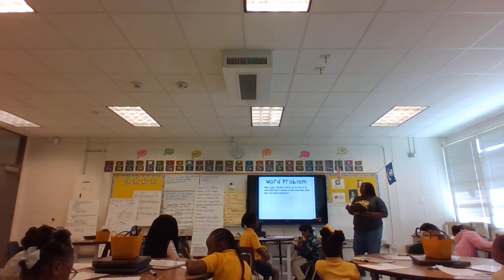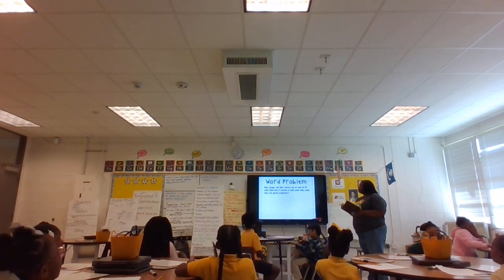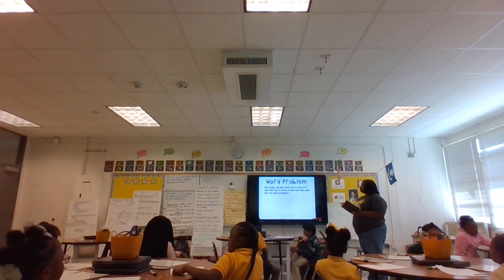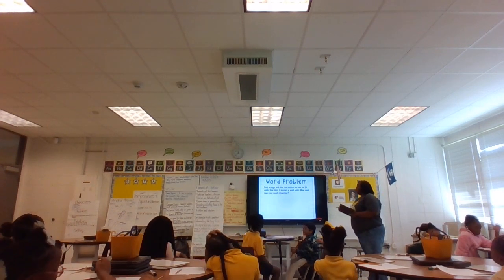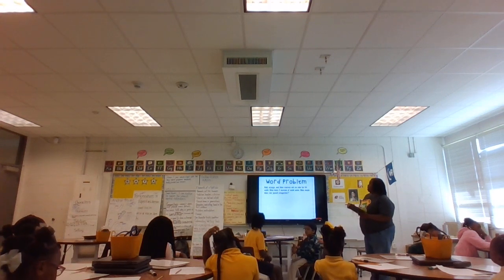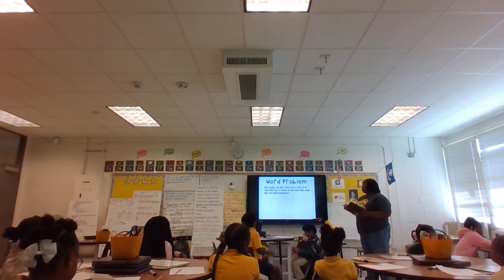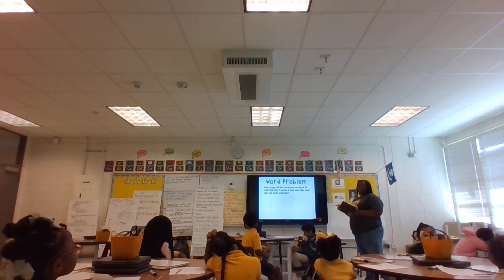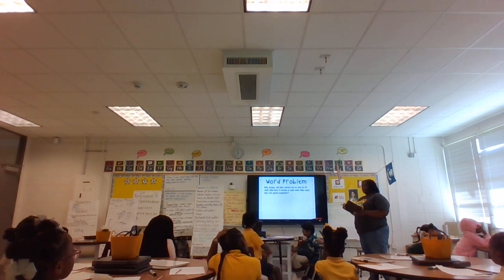Okay. So what do we know? That each scarf is on sale for $4. The red, orange, and blue scarves are on sale for $4 what? Each. And then what does she do after that? Buy 2 scarves of each color.